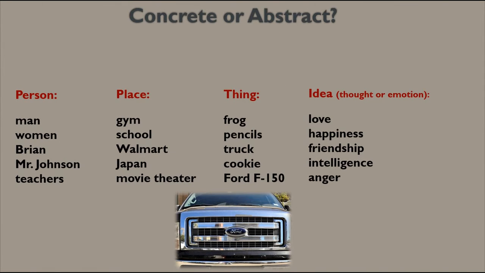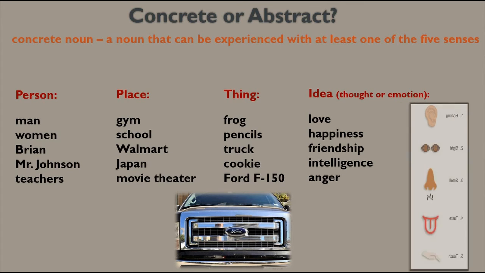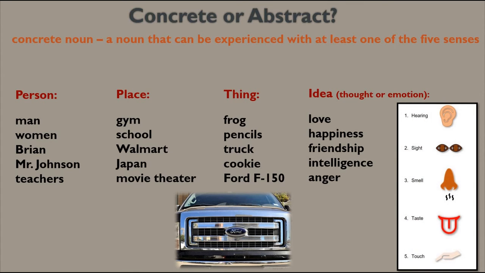So what about concrete or abstract nouns? Let's look at what concrete nouns are. A concrete noun is a noun that can be experienced with at least one of the 5 senses. So, what can we hear? What can we see, smell, taste, or touch?